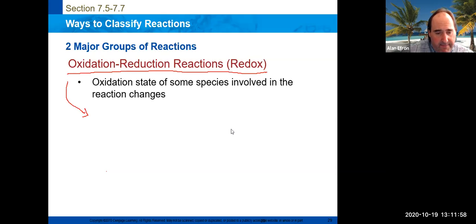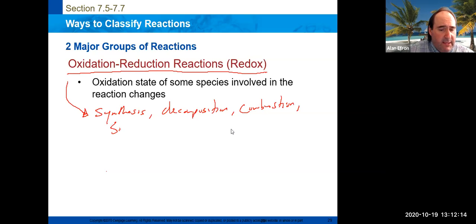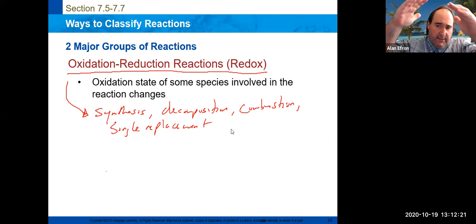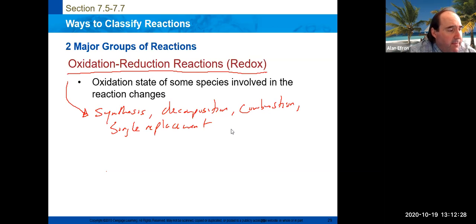Underneath that big umbrella, redox reactions involve synthesis reactions, decomposition reactions, combustion reactions, and single replacement. So you can think of redox as the big category, and then those four more specific classifications underneath it.